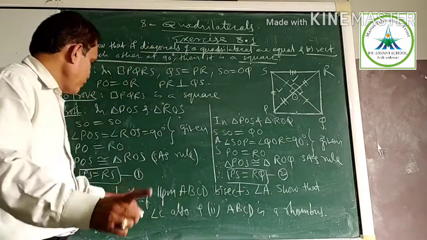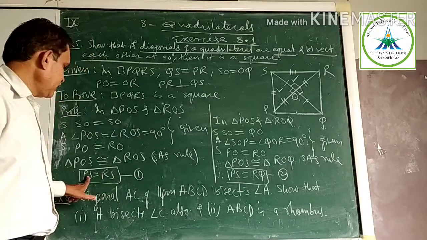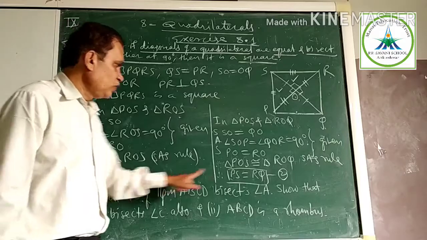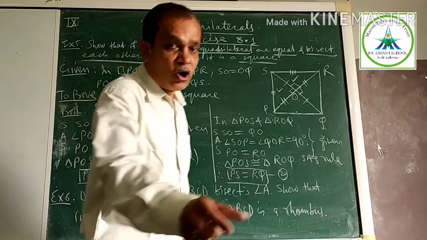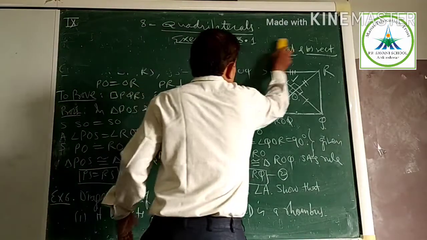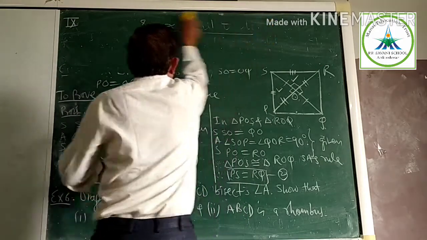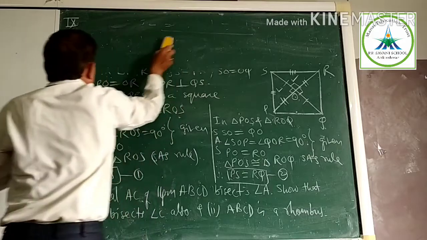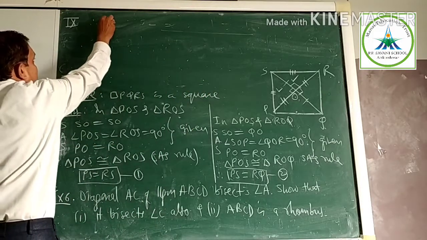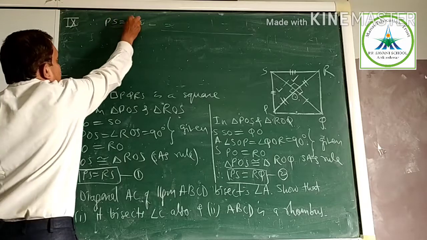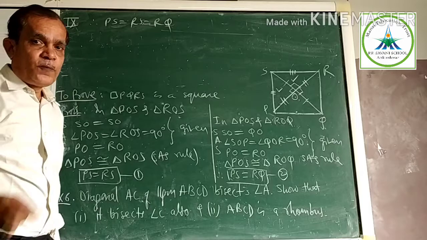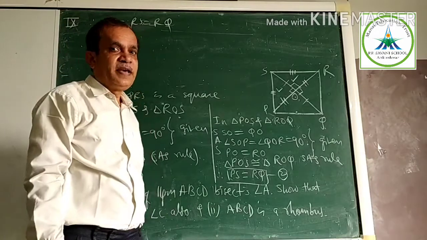See, from 1 and 2, we got PS equal to RS and PS equal to RQ, means PS equal to RS equal to RQ. You got all these three sides equal. We have proved these three sides are equal. Yes or no?